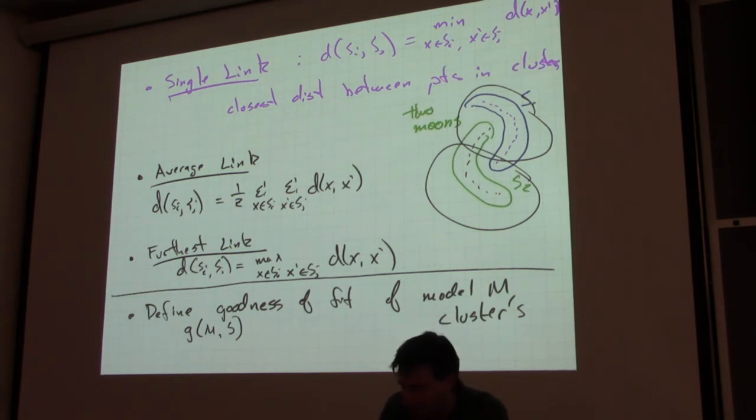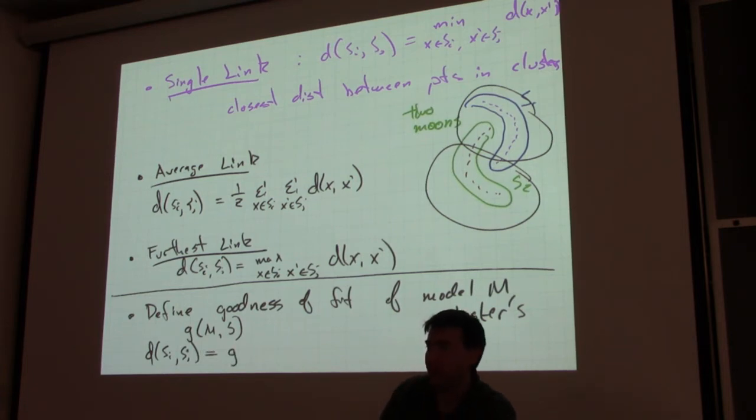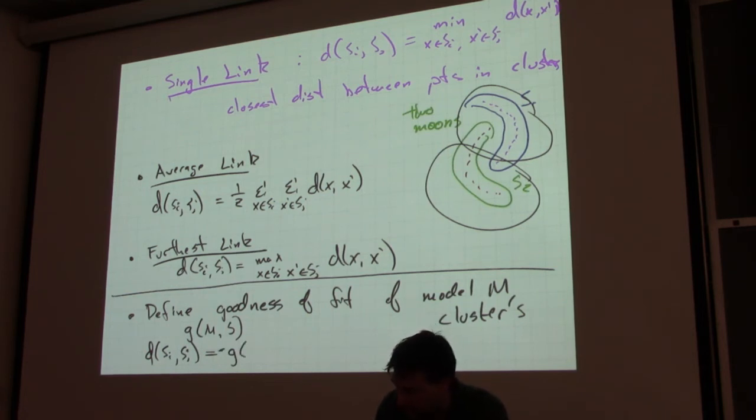And then I say the distance between Si and Sj is going to be equal to the goodness. If the goodness is better when it's larger, then let me just say the negative of M of Si union Sj.